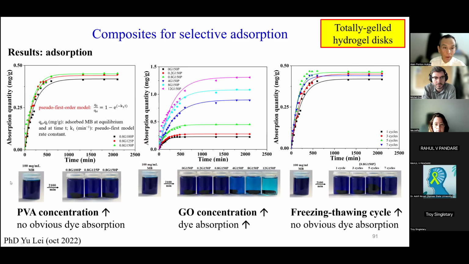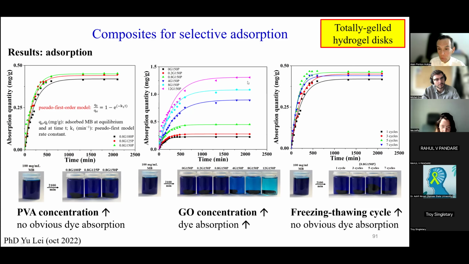So here you have the absorption quantity as a function of time, as a function of the different parameters. We can fit this absorption quantity as a function of time with a classical kinetic model. In our case, the best one is a pseudo first order model.